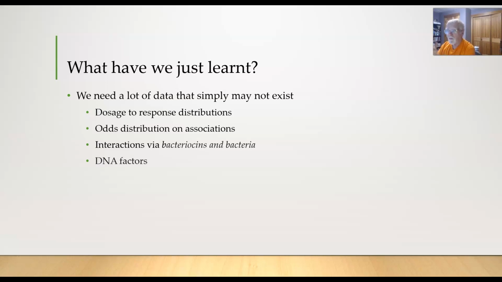We can grind through everything nicely. We even have fictitious odds distributions for association. So we have a beautiful set of numbers available. And we even know some interaction between bacteria, which could further complicate how we need to adjust things. And we're also aware we have a DNA factor. So this is a simple, naive case.